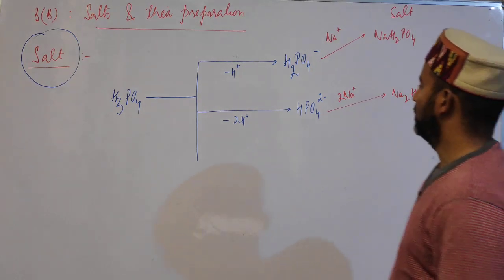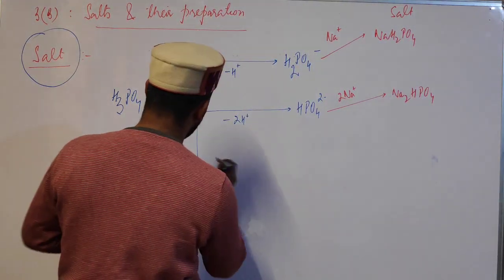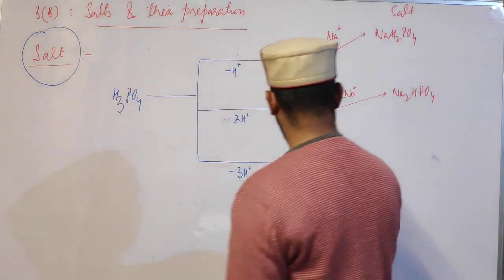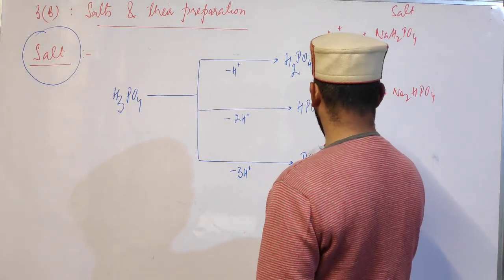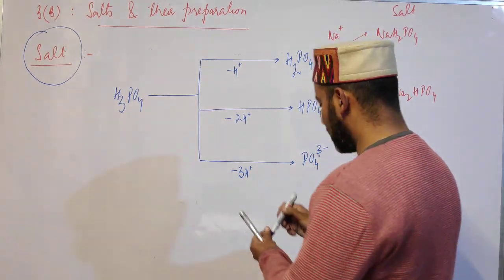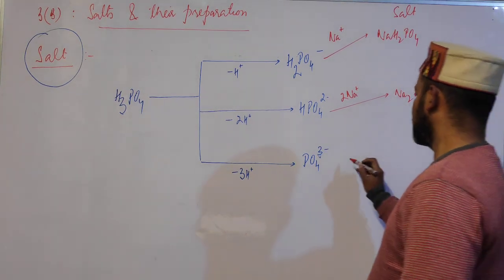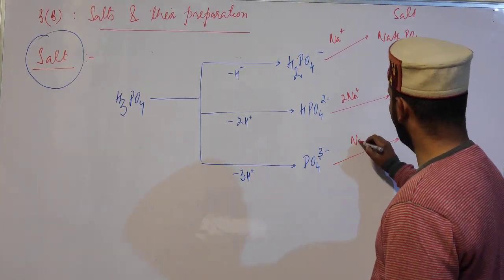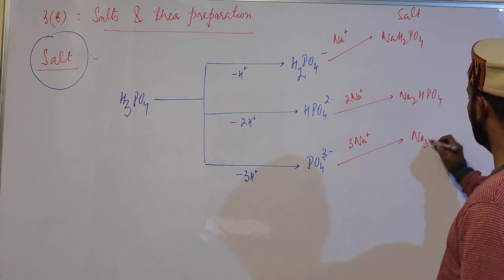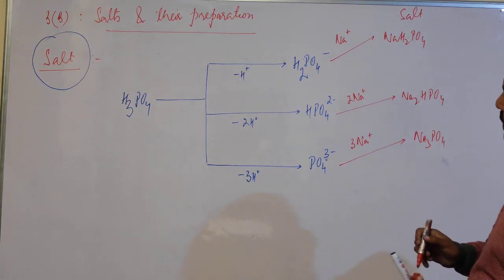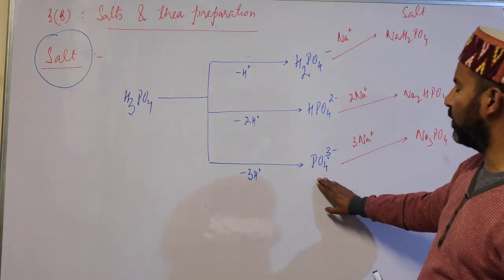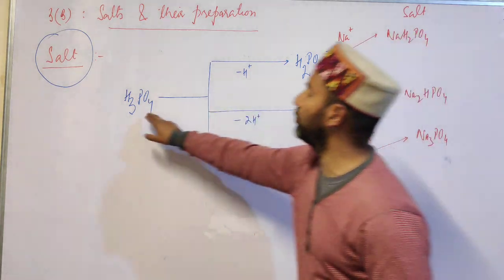Now students, in the third case, say all the hydrogens are replaced. Now the radical that we get is phosphate 3 negative, and again the hydrogens are replaced by sodium ion, a metallic ion. So the salt formed would be Na3PO4.